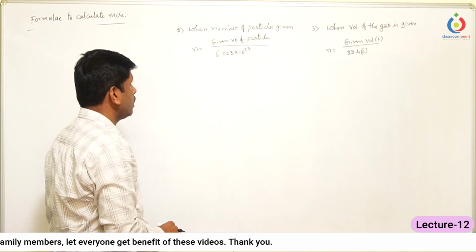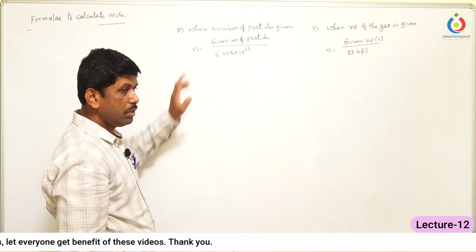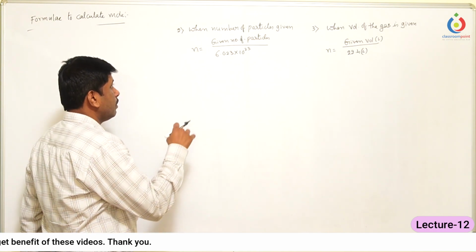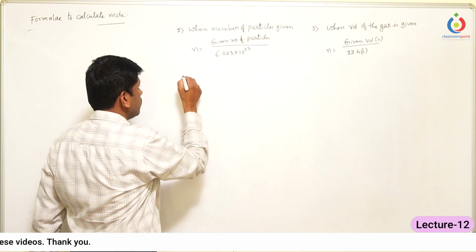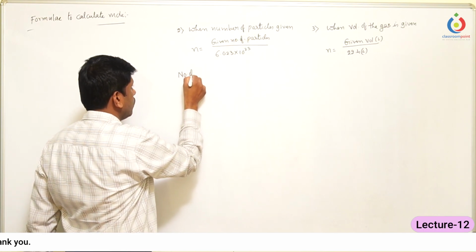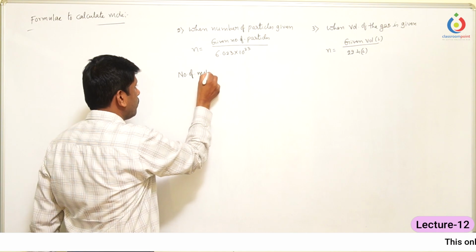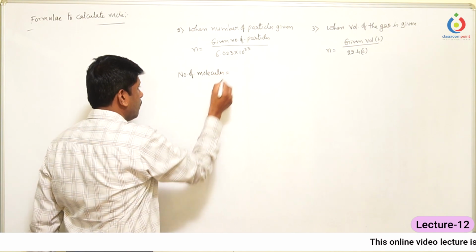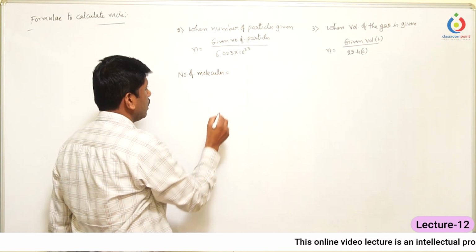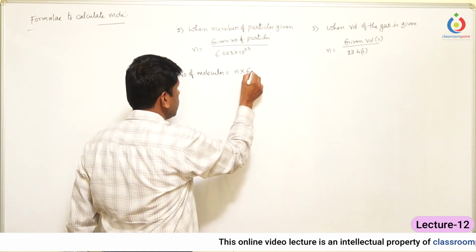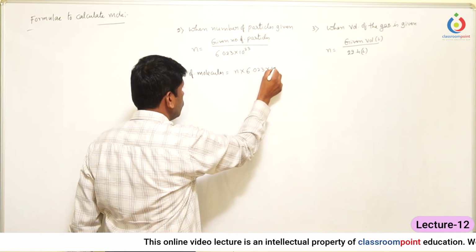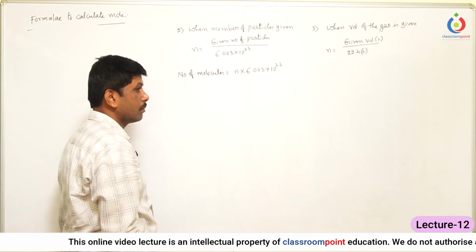When the number of particles is given, the number of moles can be calculated using this formula. Sometimes they will ask us to calculate the number of particles, the number of molecules or particles. If they ask for the number of molecules, then n into 6.023 into 10 power 23.